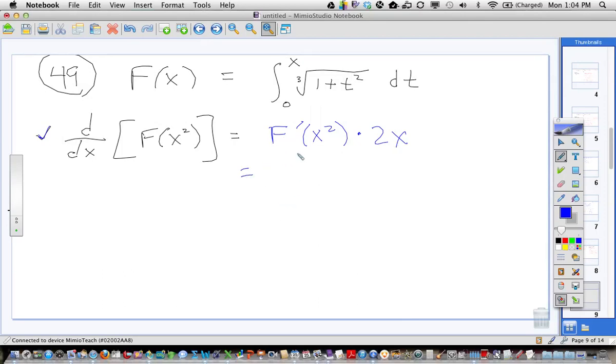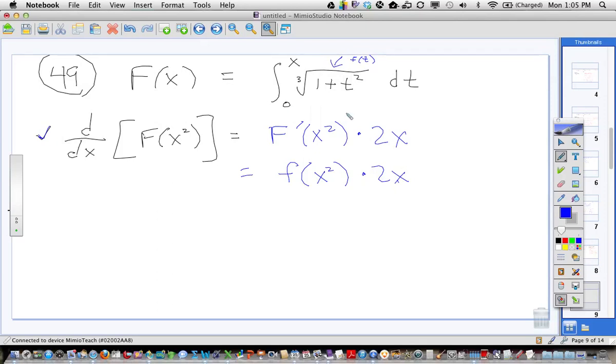Well, one thing, what does big F prime typically mean? Little f. So let's write this as little f of x squared times 2x, right? Now, where in this problem is little f? It's the cube root thing. That's little f of t, right? The cube root of 1 plus t squared is little f of t.